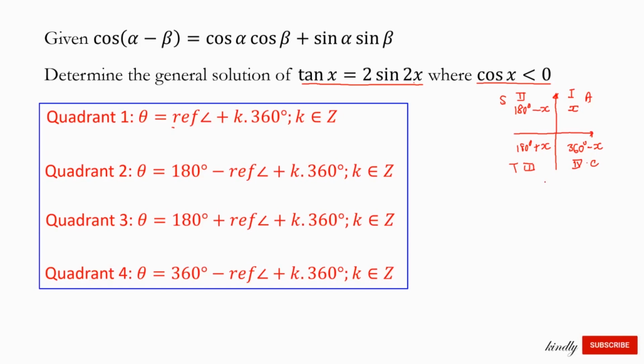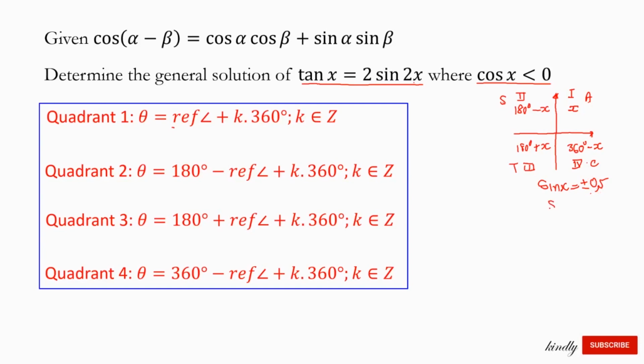Let's say we get to a solution where sine x is equal to positive or negative 0.5 or 1 over 2. To get your reference angle, we ignore the negative sign. We just use positive 0.5.